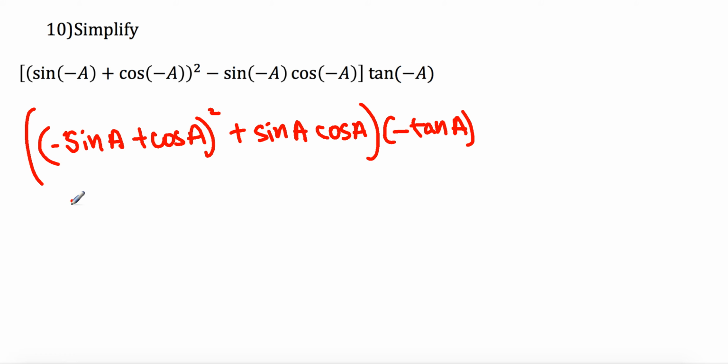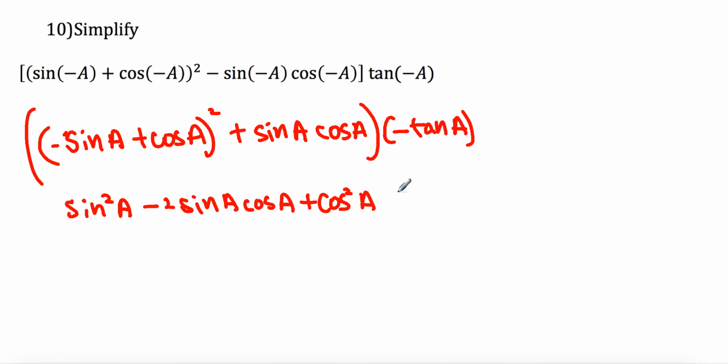Here this becomes sine square A minus 2 sine A cosine of A plus cosine square A, plus sine of A cosine of A. I'm just copying that down.